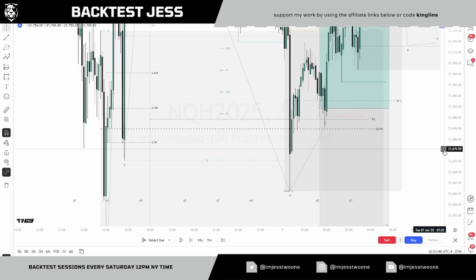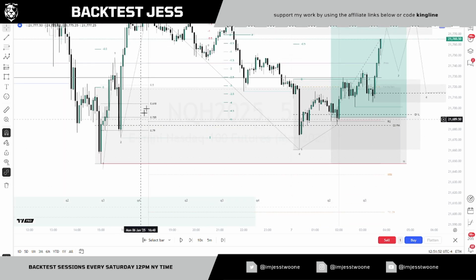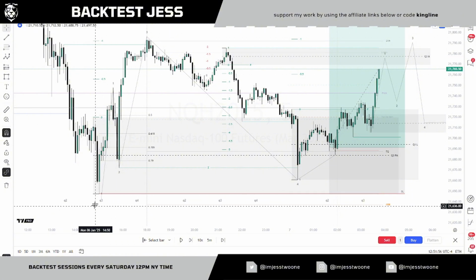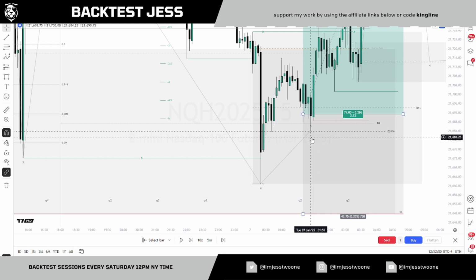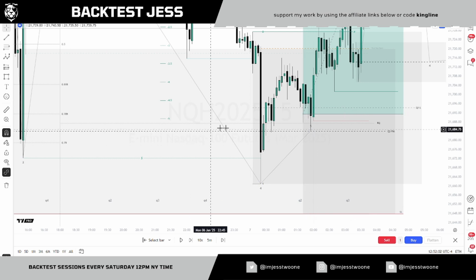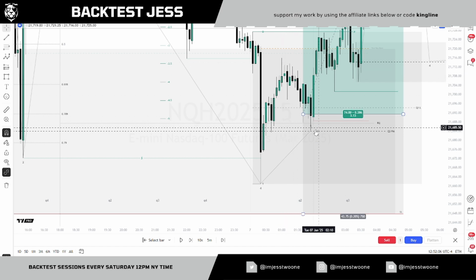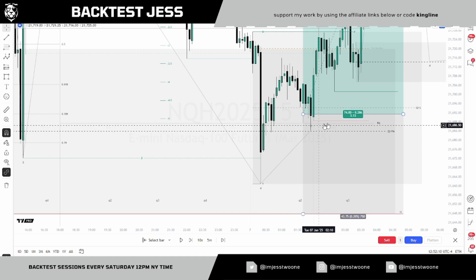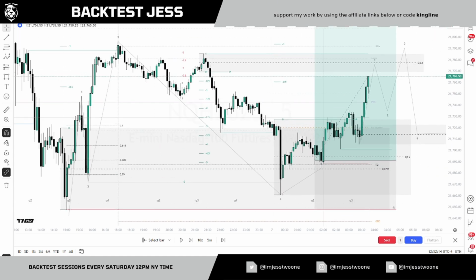When you have price returning back to 50% of the zone, like not 50% of the expansion range, but 50% of the zone, and you have reactions like this, either where it wicks it, displaces up, or it misses it and displaces up, these are signatures for sure. And I think that that's so wild.